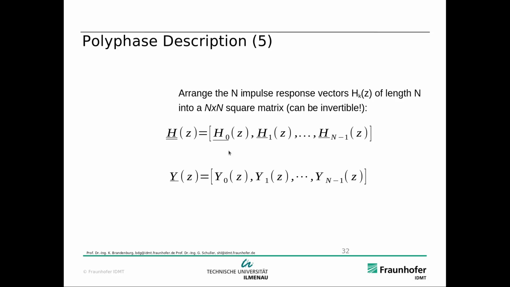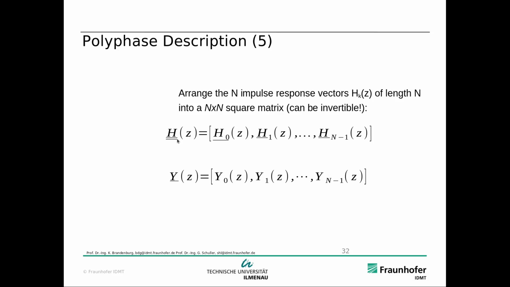Yeah, so here's our matrix. Here H is now our matrix. Each column is for one subband, right? Here, first subband, second subband, subband number 0, subband number 1, subband number N minus 1. And this results then in the N subband signals in the z-domain.